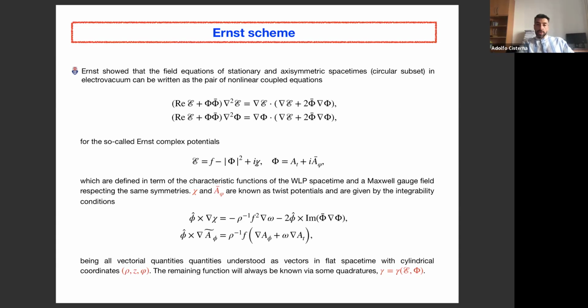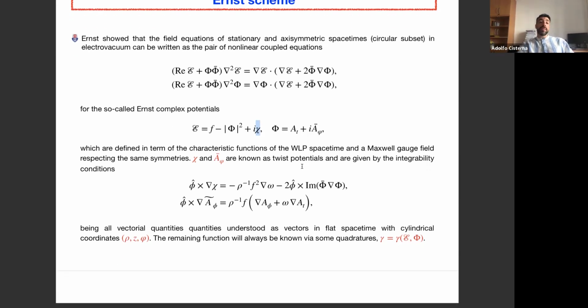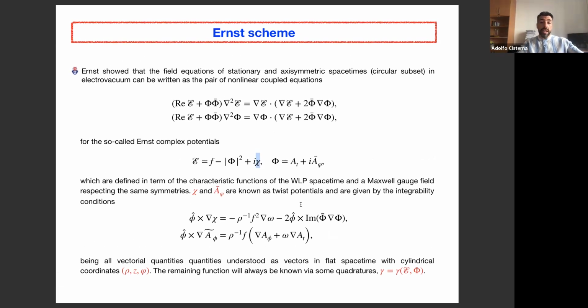And you see here two extra pieces of these potentials that do not appear in the original Weyl-Lewis-Papapetrou configuration, which are called chi and phi-bar, the twist potentials, and that are found using two integrability conditions that arise when writing Einstein equations in this formalism, which are the so-called twist equations.